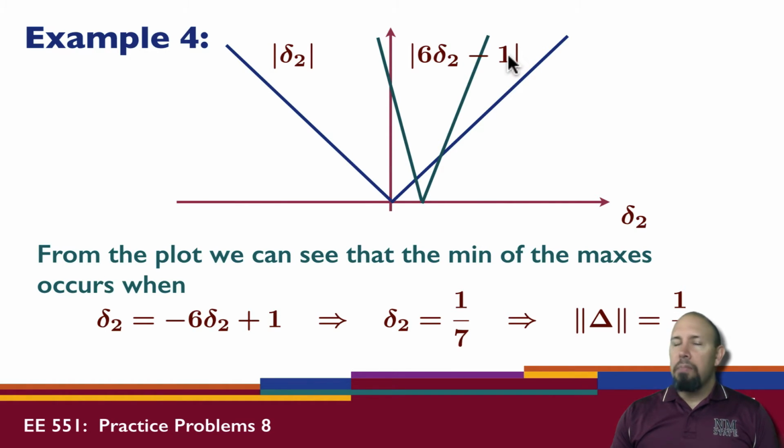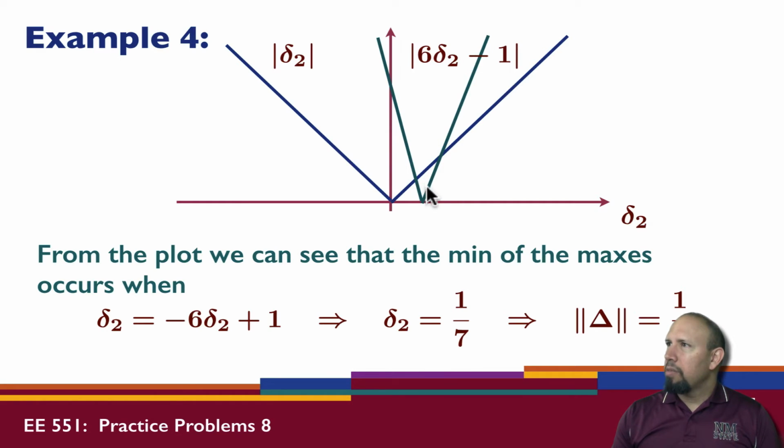And again, the minimum of the maximum, so remember these are two values. So for example here, this is smaller than this. So this is the minimum of the two. Okay, but I need the maximum. I need the maximum singular value. So this is the maximum. This is greater than this. So this is the max.